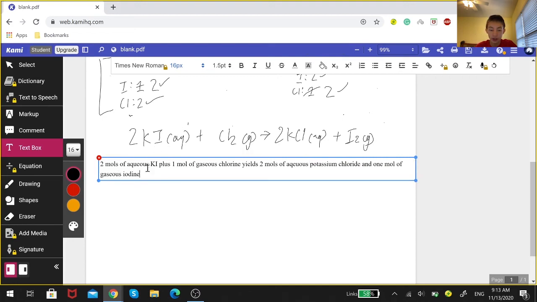And over here, instead of writing KI, I should write potassium iodide. It's an ionic compound, and we learn how to name these in Unit 1.